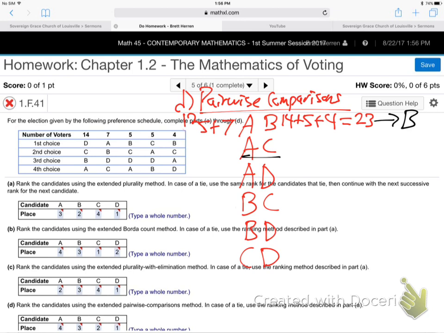And you can just keep going down the line if you want. So the 14 people, first off, who do they like better, C or A? They like C, right? Everybody see how I'm doing that?